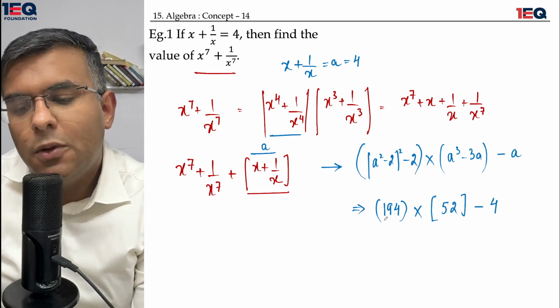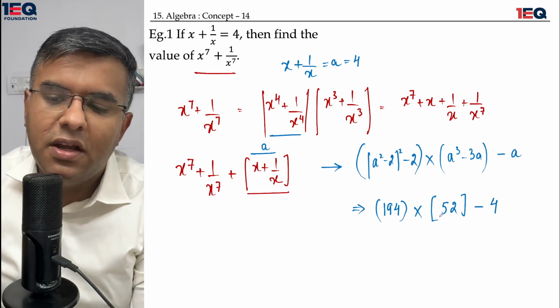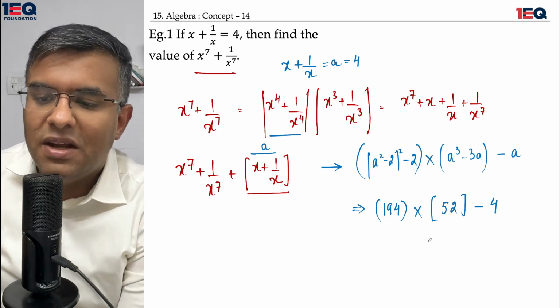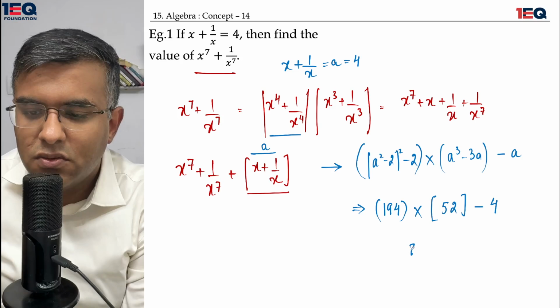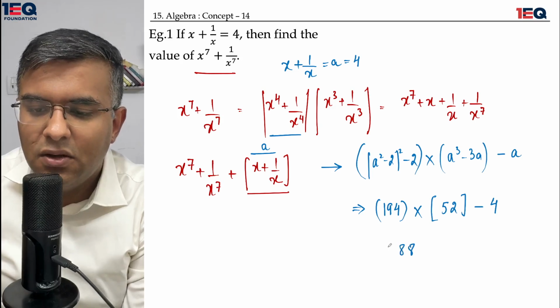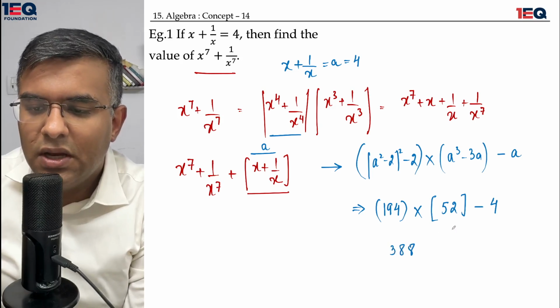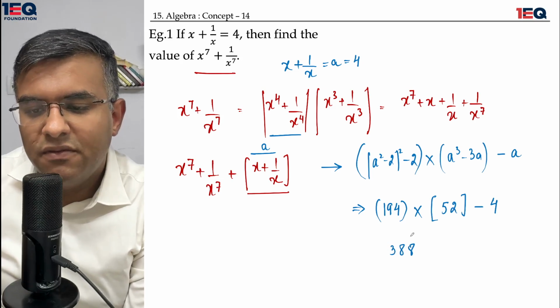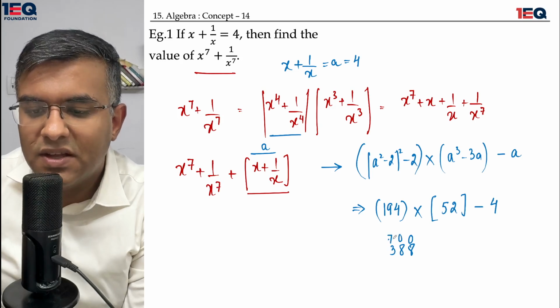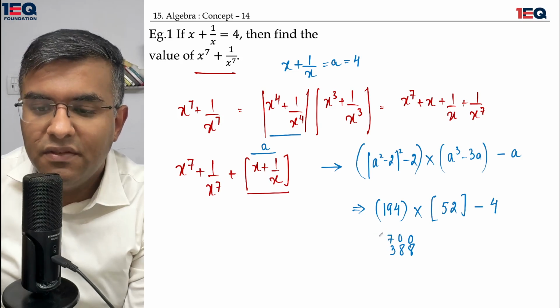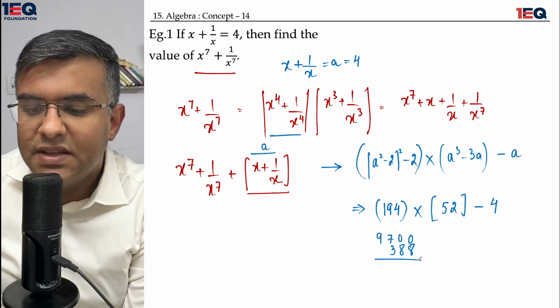Okay, I'll quickly multiply 194 with 52. So I'll multiply with 2 first. 2 fours are 8, 2 nines are 18, 2 ones are 2, 388, multiplied by 50. This is a 0, 5 fours are 20, 5 nines are 45, 47, 5 ones are 5, and 9700.